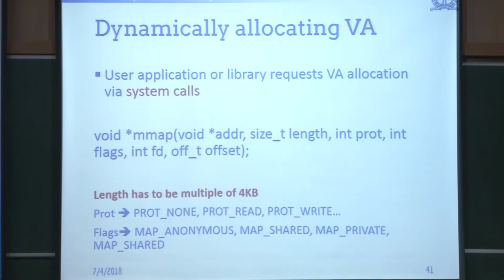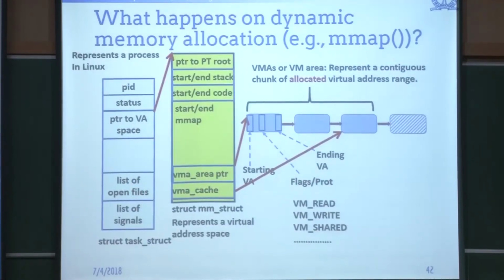So when you allocate, this is what we call memory allocation, right? You do it through mmap. So what really happens when you do an mmap system call? What really happens is nothing but you create another virtual memory area region. The operating system just notes down that the application asked me to allocate some region in the virtual address space, and I just allocated it.